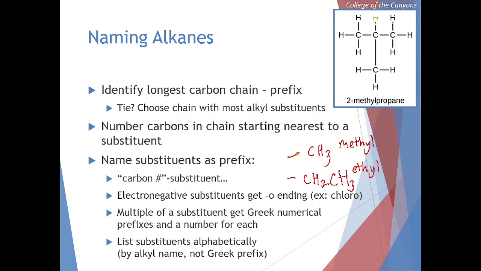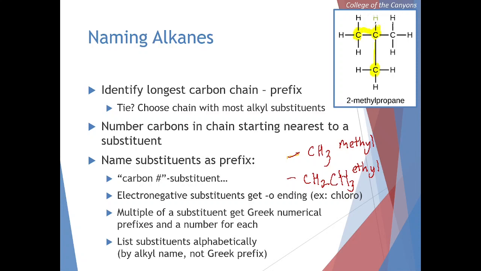We have an example up in the top here. First step, identify the longest carbon chain. We can try to start somewhere. Here's one carbon, here's two carbons. We can go, okay, 3 carbons in a row. Is there a way to get 4 carbons in a row somewhere else?